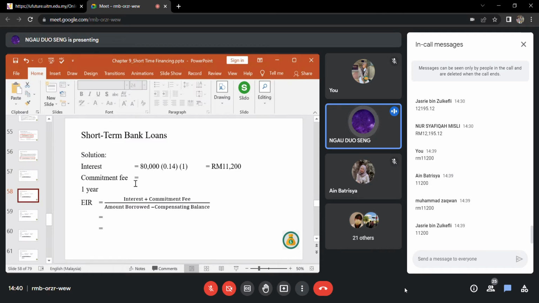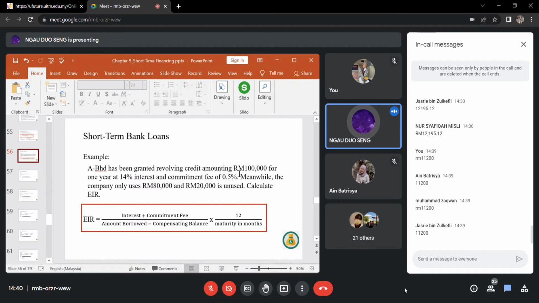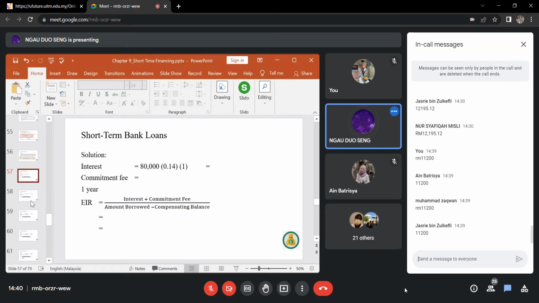Next we calculate the commitment fees. Commitment fees are the 20,000 that is not used, multiplied by 0.5%. So you calculate the commitment fees.